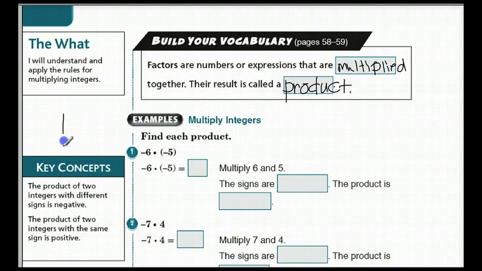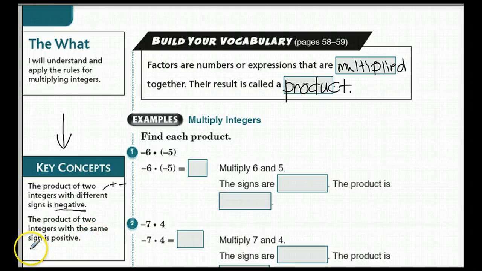If we look over here in key concepts, I want to just point out the product of two integers with different signs is negative. Now, what do they mean by different signs? They mean one positive integer and one negative integer. Their product or their result is going to be negative. Now, the product of two integers with the same sign is going to be positive.